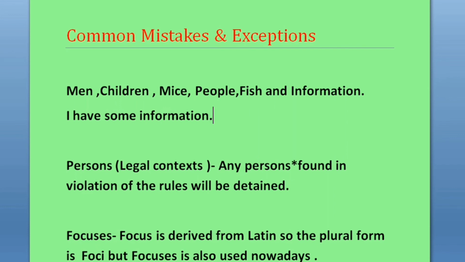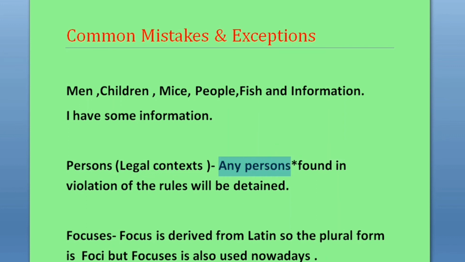So the next one is that, as you see on your screen, this I would put as an exception. We have already discussed that plural of person is people, but sometimes we see the word persons is used, but that is only in legal context. We can use persons in legal context.